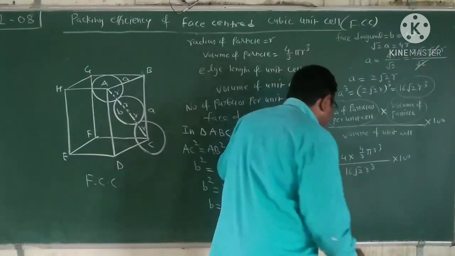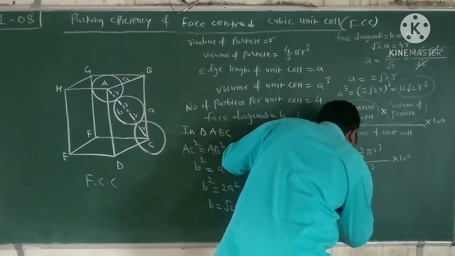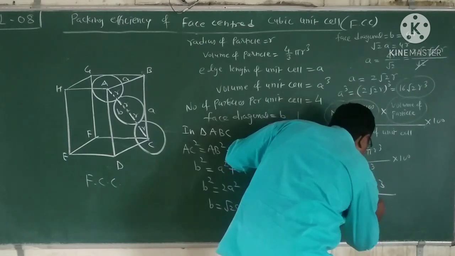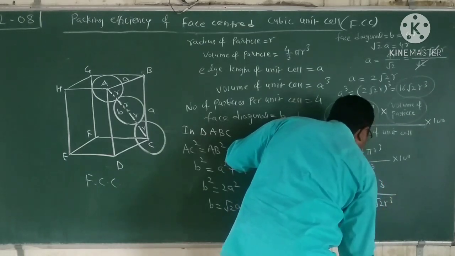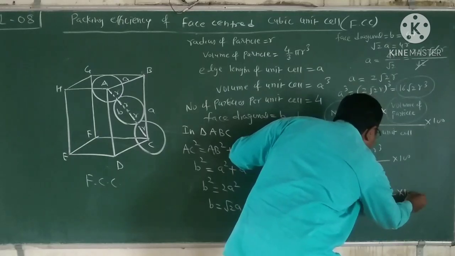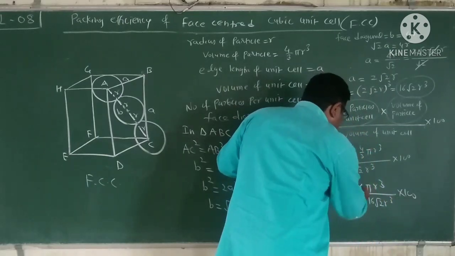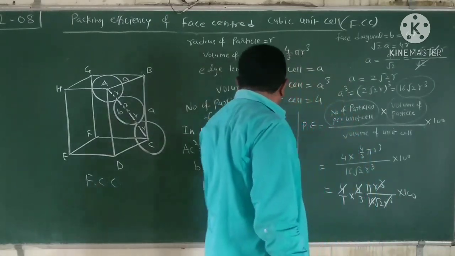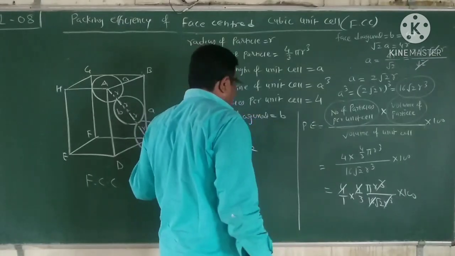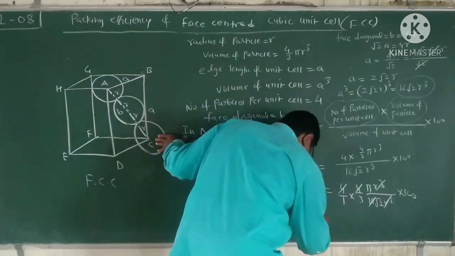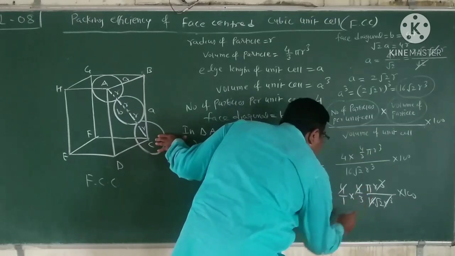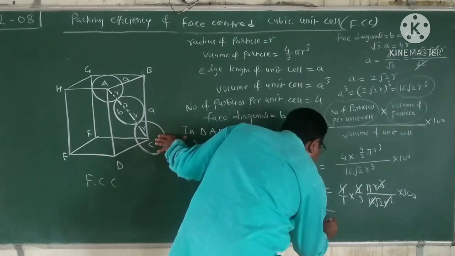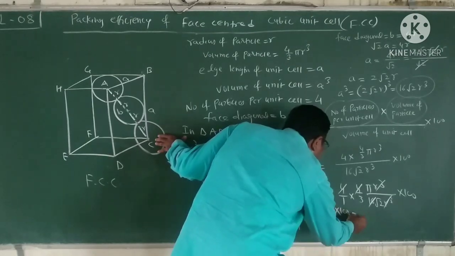Then I can simplify this as 4 by 3 pi r cube over 16 root 2 r cube into 100. This 4 and 16 cancel, r cube also cancels. So what I am getting here is packing efficiency is equal to pi divided by 3 root 2 multiplied by 100.